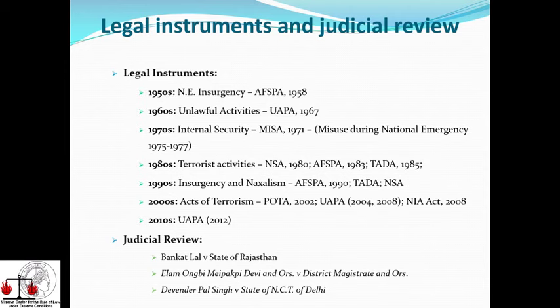And that was heavily criticized by civil rights groups, media and international NGOs. But the one good thing with that act was that there was liability on police officers if they took any action beyond the limits or objective of that law.